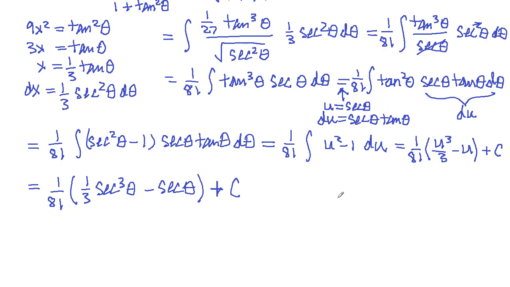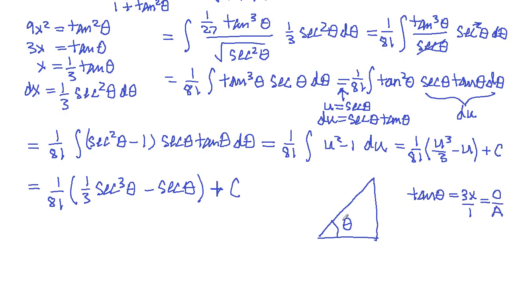And now we need our right triangle to go ahead and change this back to x. So get our right triangle going here, with angle theta. Tangent theta is 3x. That's our substitution here. So tan theta is 3x, which you can write as 3x over 1, and tangent is opposite over adjacent.